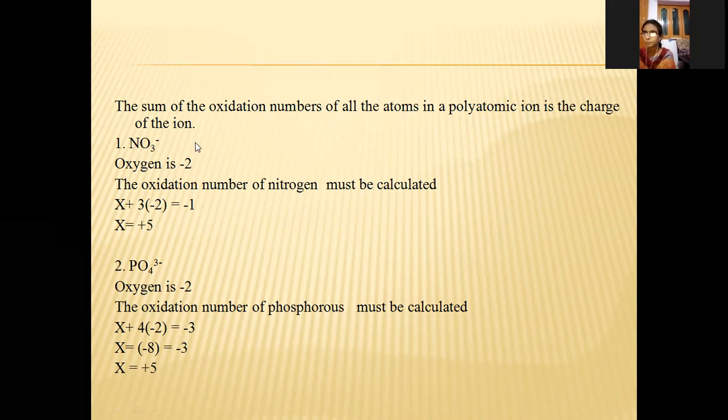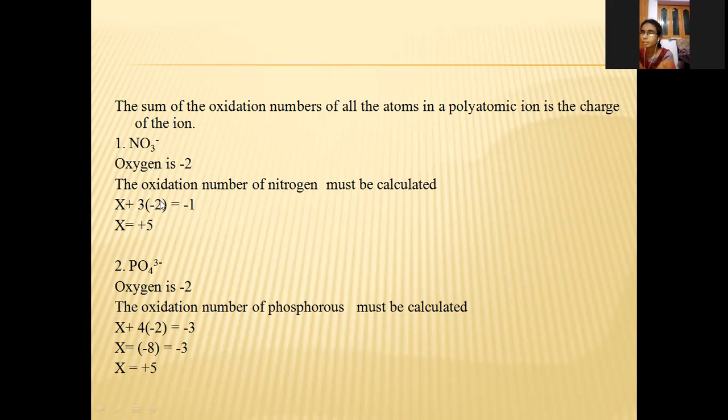We don't know nitrogen, so we consider it as X. X plus 3 oxygen atoms, each with oxidation number -2, equals the charge of -1. So 3 times 2 is 6, minus 6, equals -1.